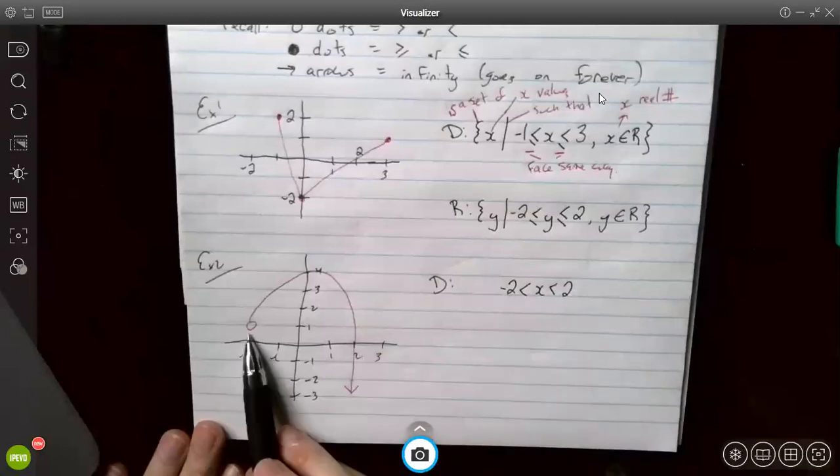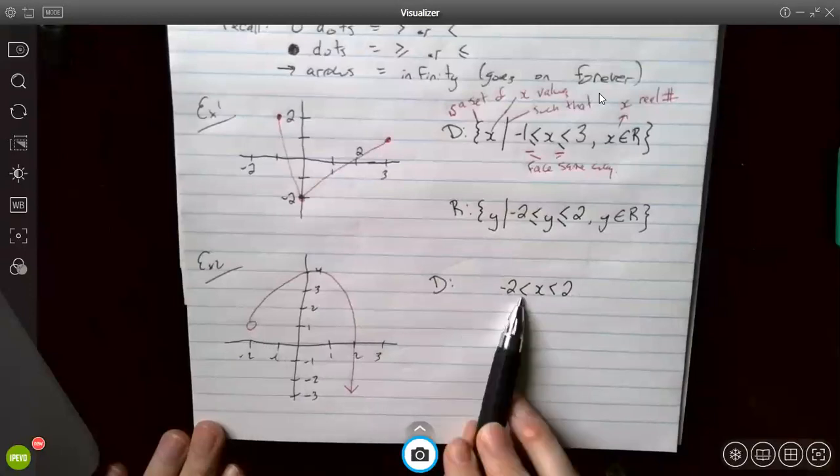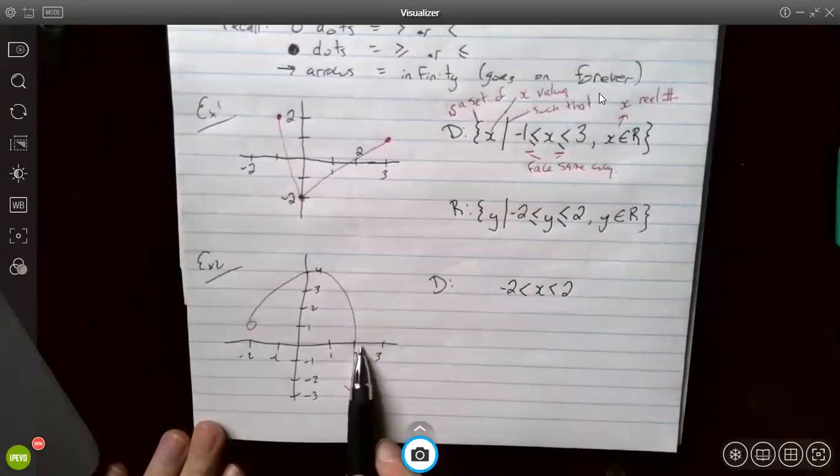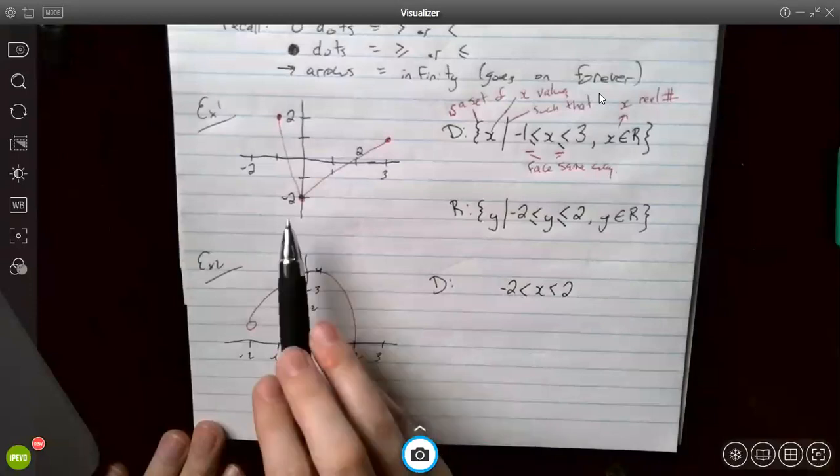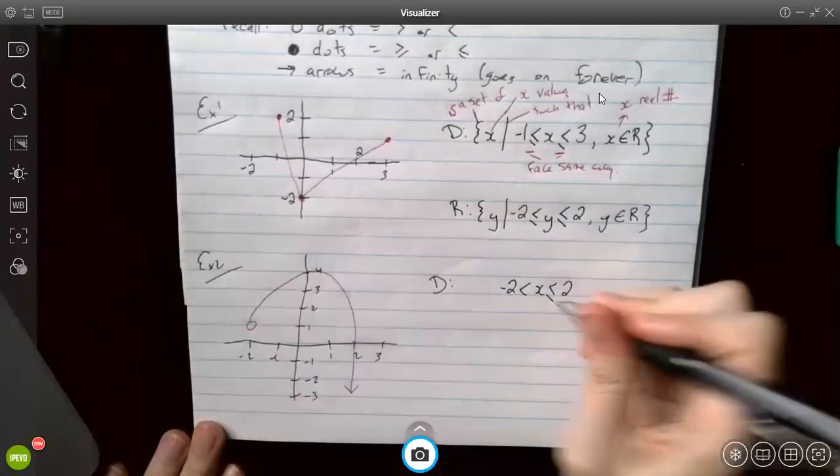Because this is an open circle here, we are not going to put the extra line under this greater than sign. However, because this is a solid line that is passing through this point of 2, it's like a colored in dot. So this one we're going to say or equal to.